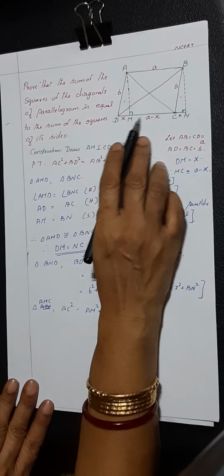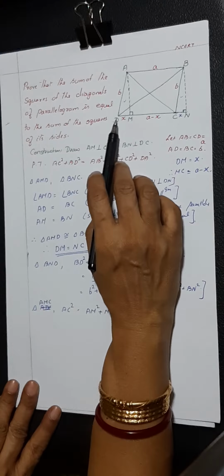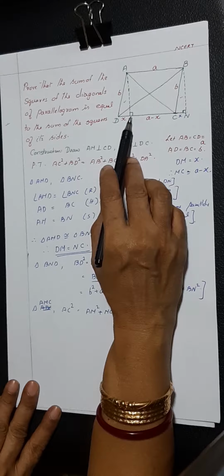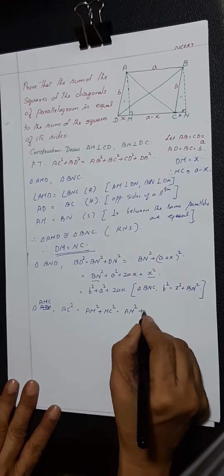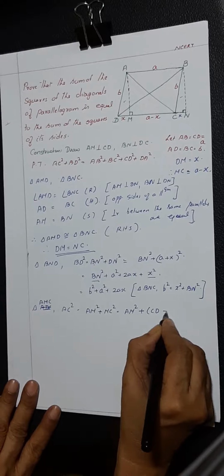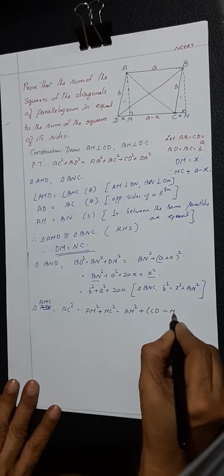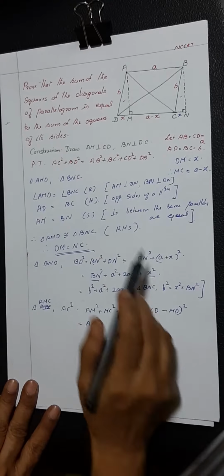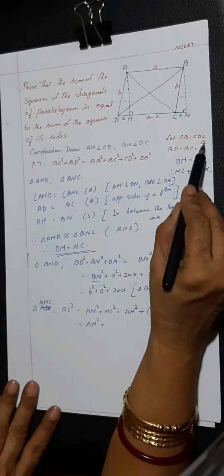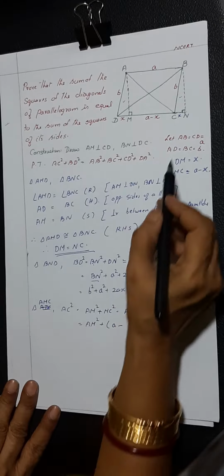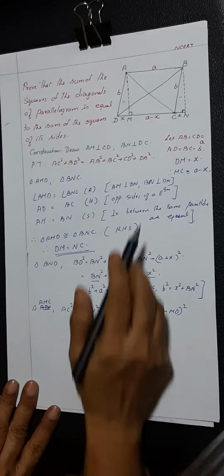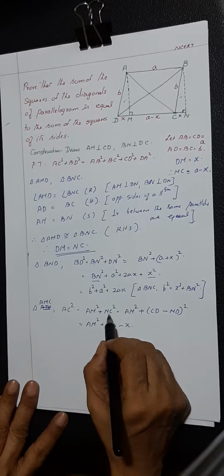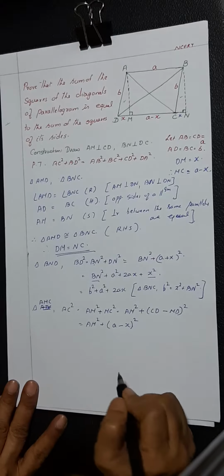MC can be written as CD minus MD, so MC squared is CD minus MD the whole squared. That is equal to AM squared plus A minus X the whole squared, where CD is A and MD is X. MC is A minus X, we have already written that.